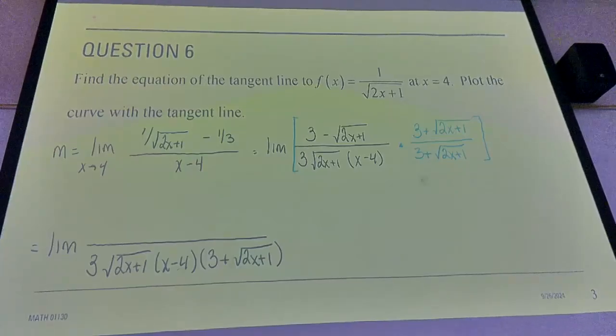What are we left with in the numerator? 8 minus 2x. What was it? How did you get 10? That's what I thought. Is it 9 plus 1? Should be 9 minus 1.